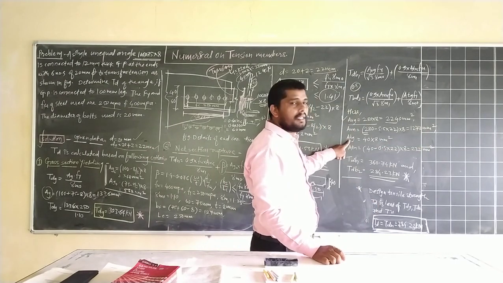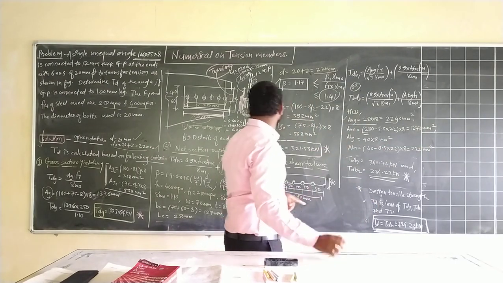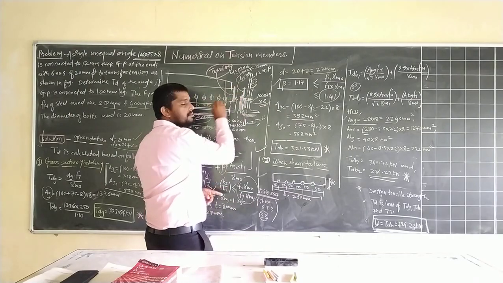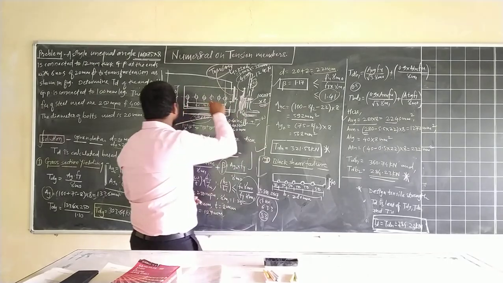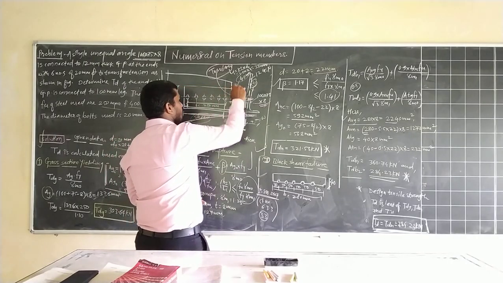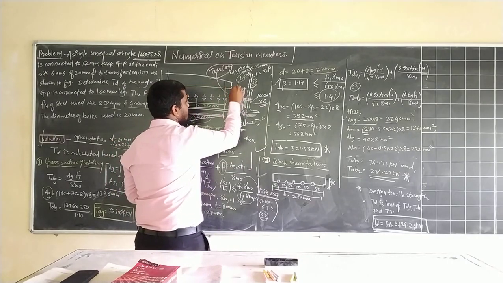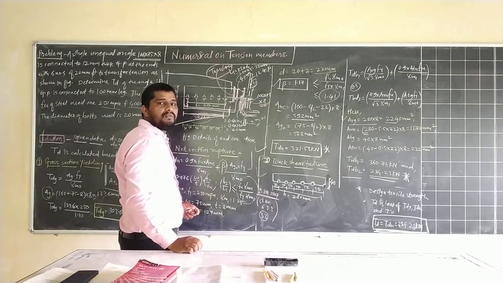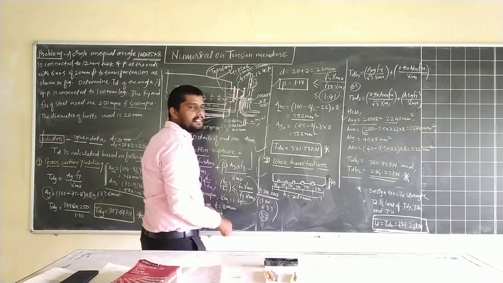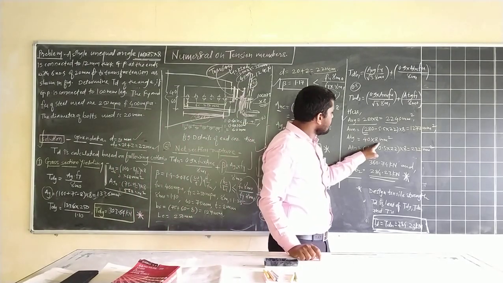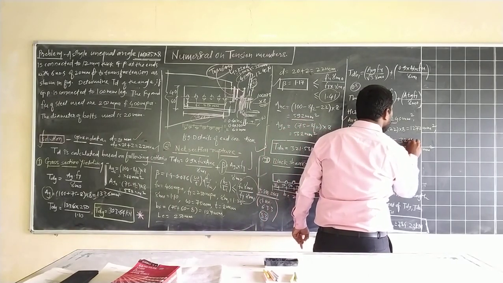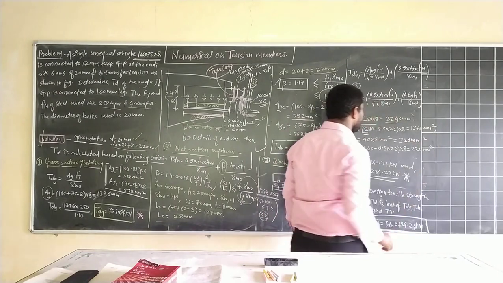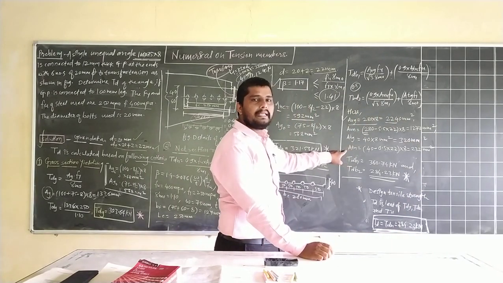Then find out the gross tension area, perpendicular to the force. This distance is 40 mm, multiplied by the thickness of this plate, 8. So 40 into 8 is 320 mm square. Then find out the net tension area.